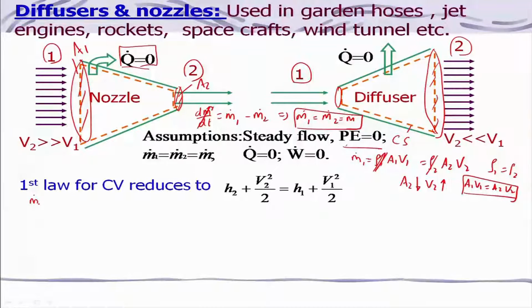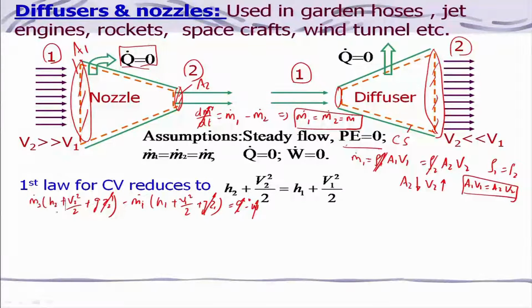So, in this case it will be m-dot times (H2 plus V2 square by 2 plus g Z2) minus m-dot times (H1 plus V1 square by 2 plus g Z1) is equal to Q minus W. Here, Q is 0, W is 0 and the potential energy term is neglected.